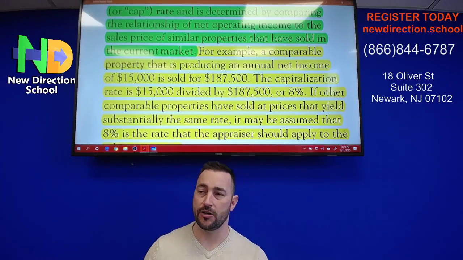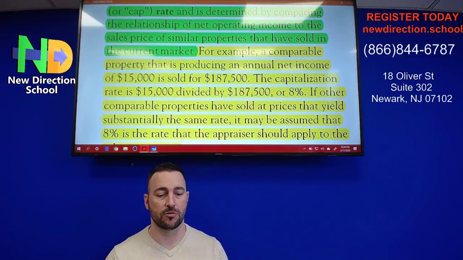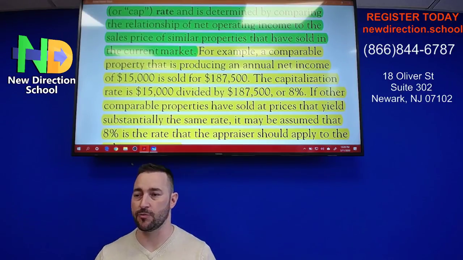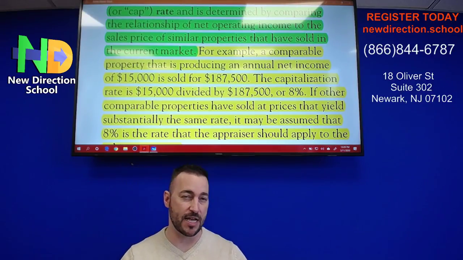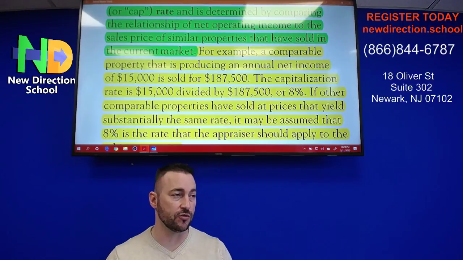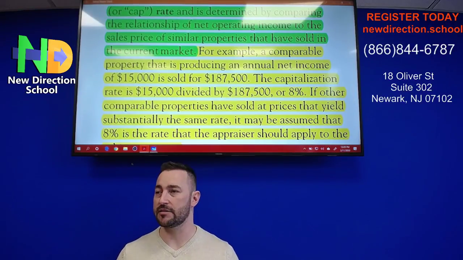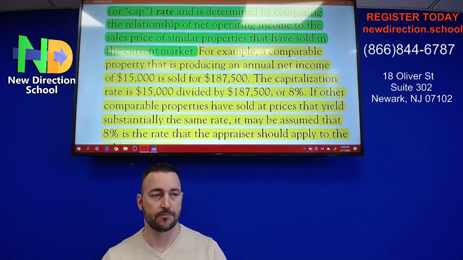If other comparable properties, similar properties, have sold at prices that yield substantially the same rate, so if everybody around is similar to the 8%, then we can assume that in this area, people expect an 8% cap rate. Good so far? It's like comparables.